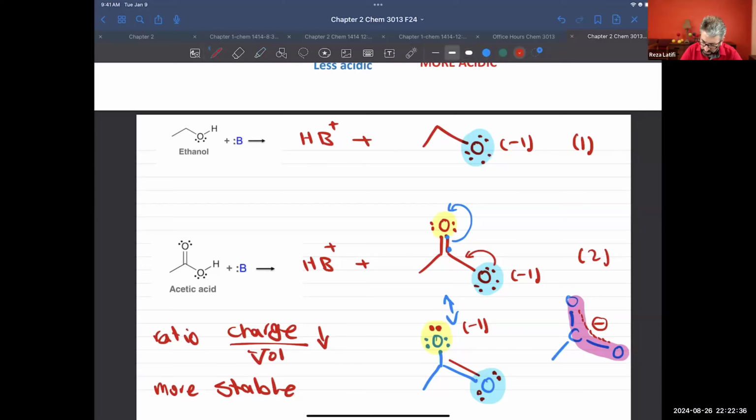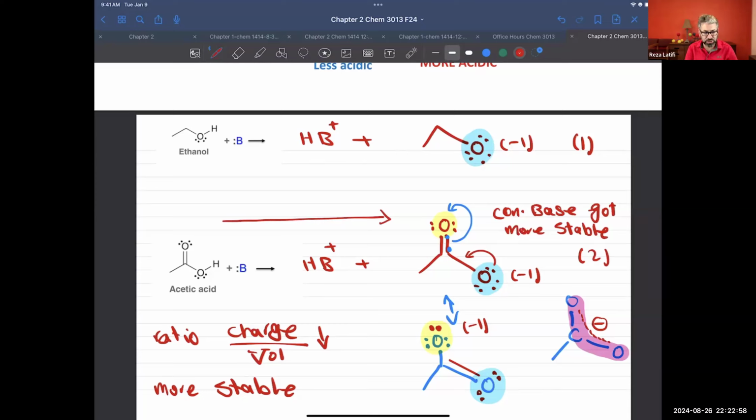So I'm going to write here: the conjugate base gets more stable through the resonance structure. And this is going to move the chemical reaction to the right side.